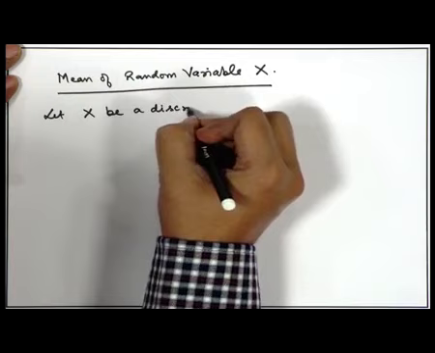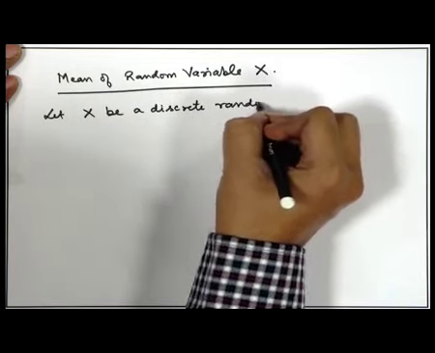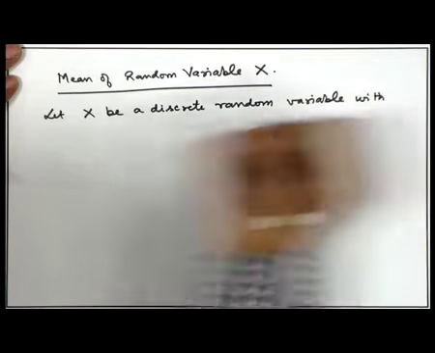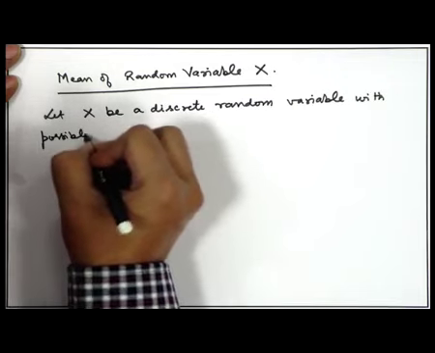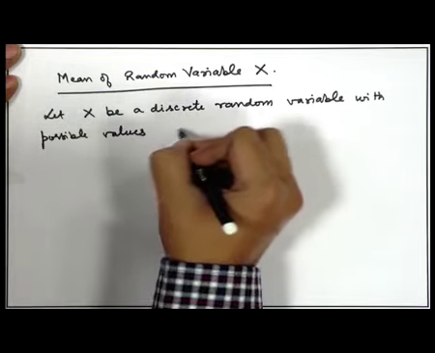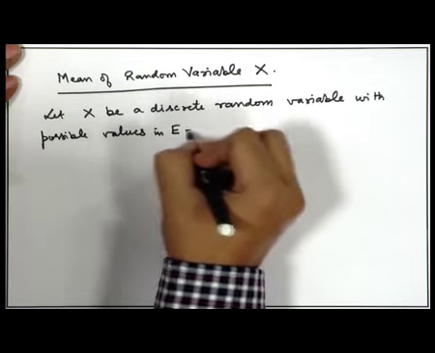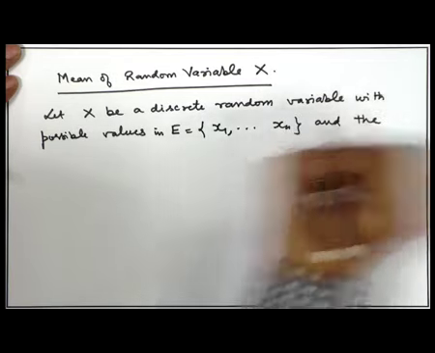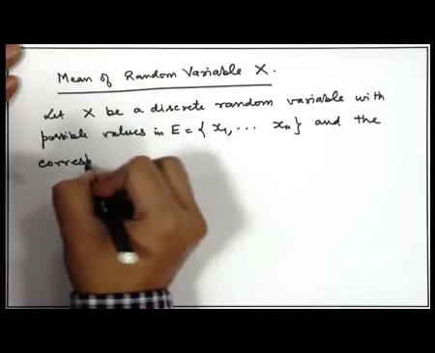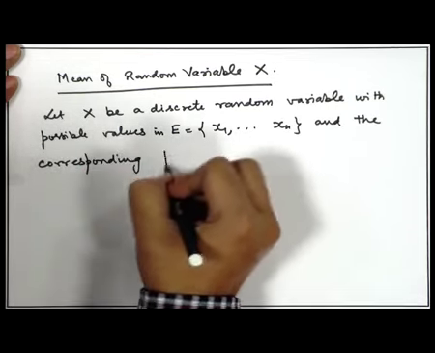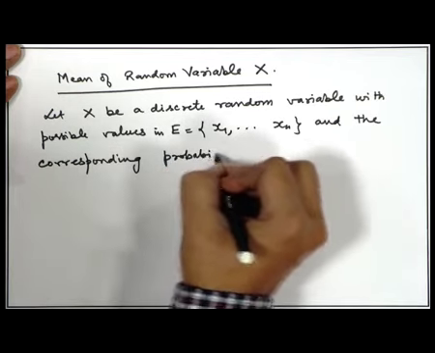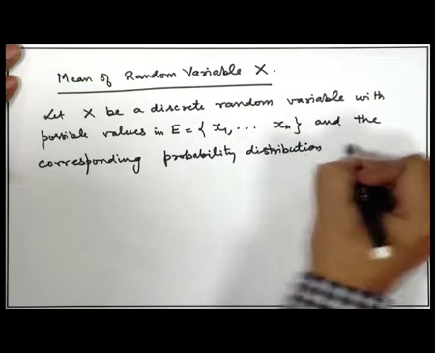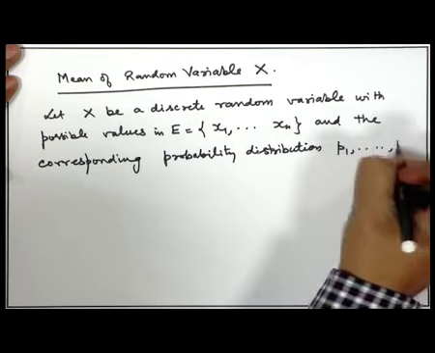Let x be a discrete random variable with possible values in E, that is x1, x2, xn, and the corresponding probability distribution p1, p2, pn.